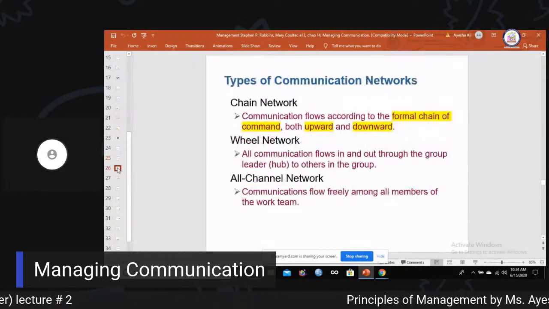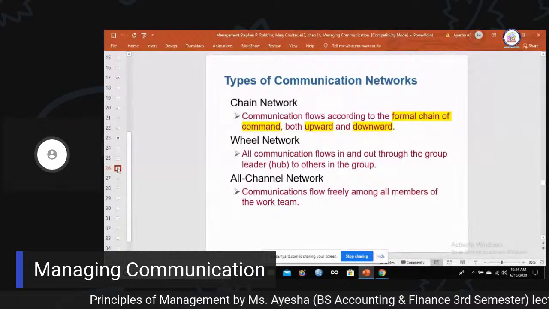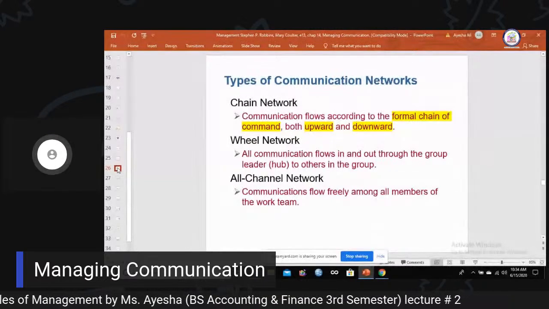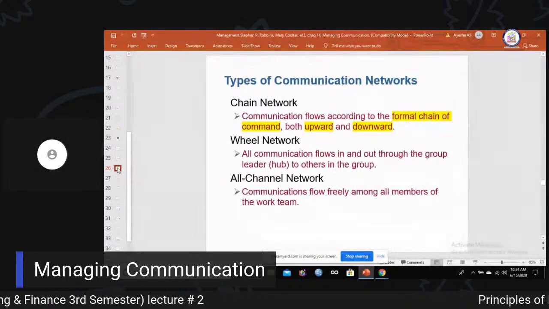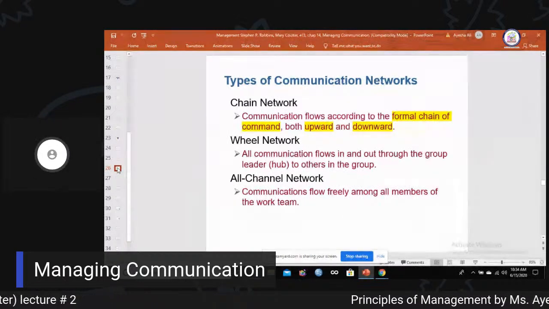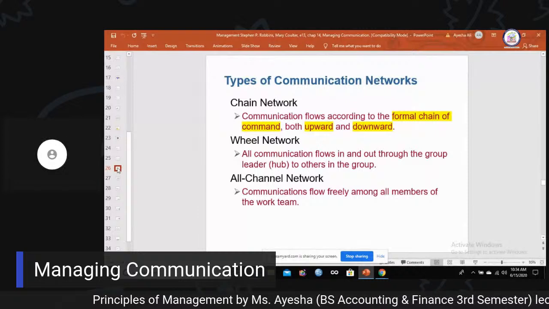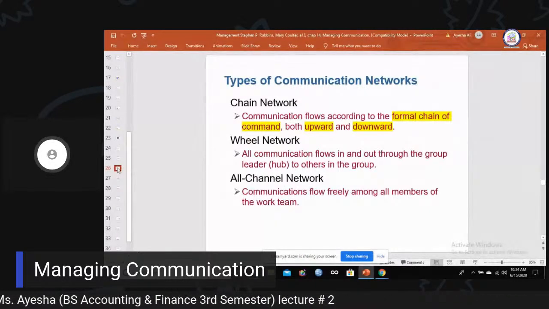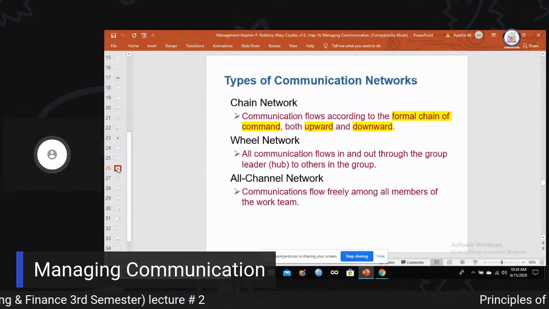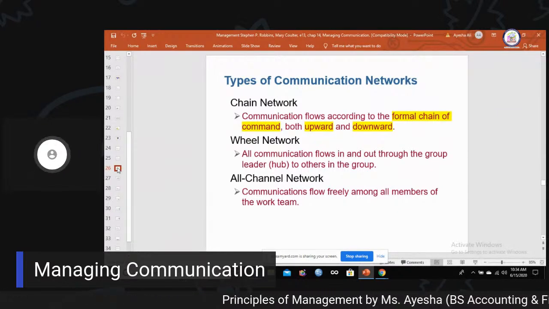Then we have the types of communication networks. The first one is chain. In chain, we follow the formal chain of command, in which we have upward and downward communication. The second is the wheel network. In the wheel network, communication flows in and out through the leader to the others in the group.